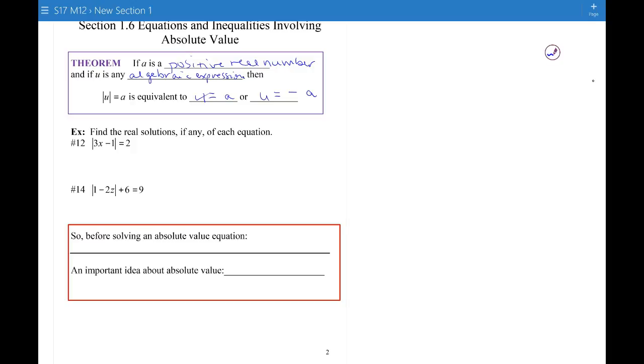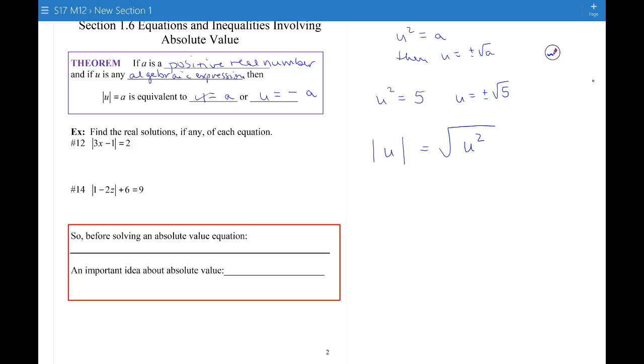So this should remind you of the square root property that we say if u squared equals a, then u equals plus or minus the square root of a. You get two answers. So does this seem kind of similar? What if I said u squared equals 5, then u equals plus or minus square root of 5. These two ideas are related because another way of defining the absolute value is to say it's the square root of u squared. So I'll let you think about that for a minute.